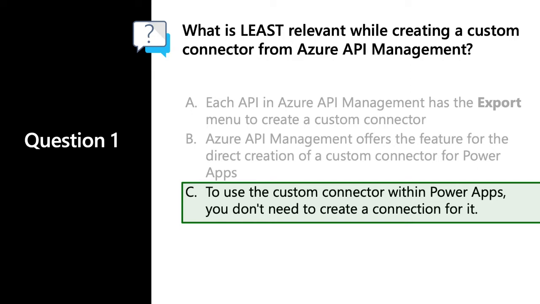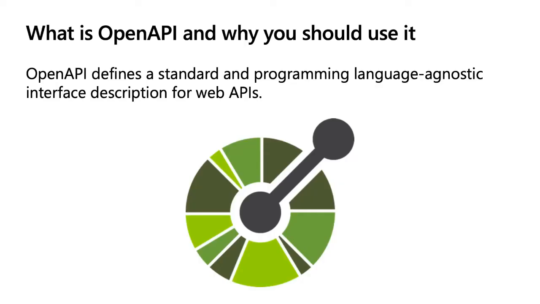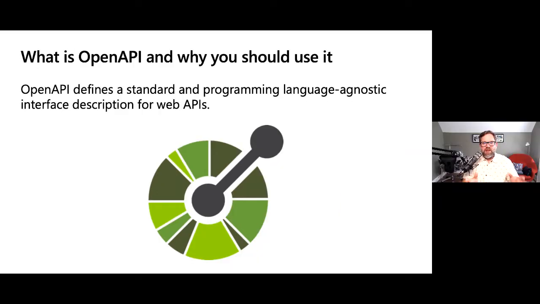All right. So that's directly exporting. But let's talk about OpenAPI for a second, Justin. What is OpenAPI and why should you use it? Well, OpenAPI itself is a standard for describing web APIs, what they look like, and it's both machine readable and human readable.